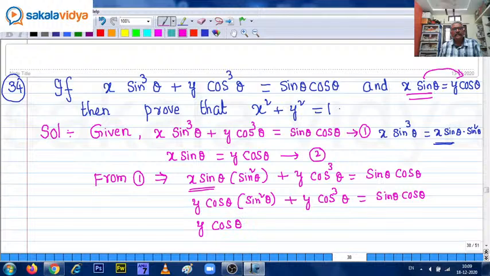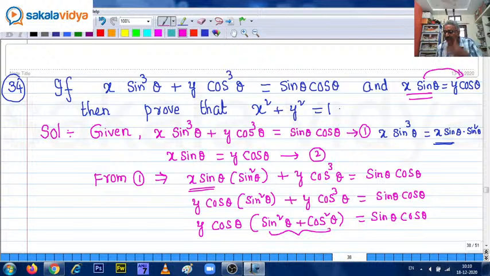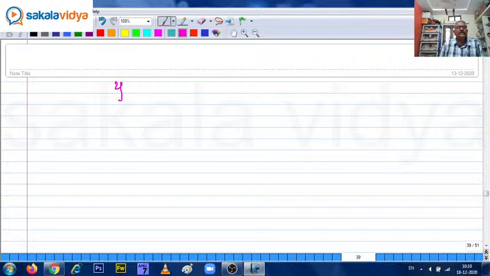If we take y cos theta common, we have sine square theta plus cos square theta equals sine theta cos theta. It's very interesting, this is 1, sine square theta plus cos square theta. So this equals y cos theta into 1 equals cos theta sine theta. This cos theta gets cancelled. y equals sine theta.